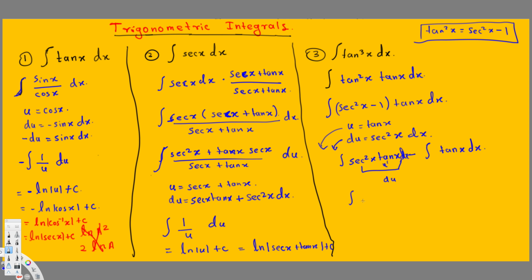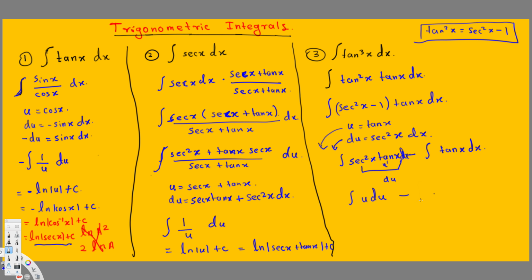So this will become u du, and the minus, we found that the integral of tan x dx is ln sec x plus c. So whenever we have the integral of tan x dx, we can directly put that value. If we memorize that one, it makes things easier, right?